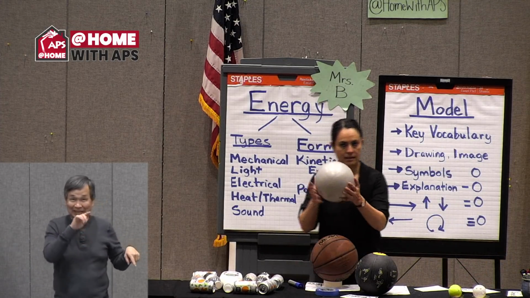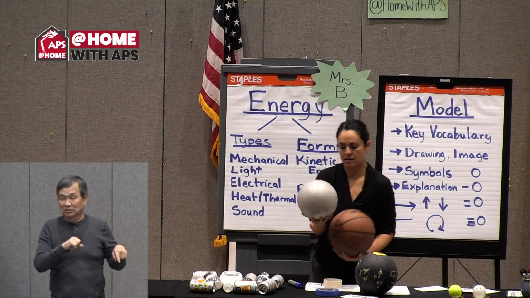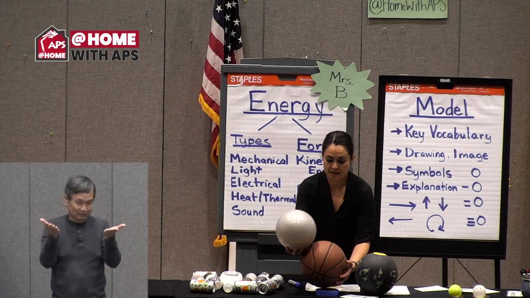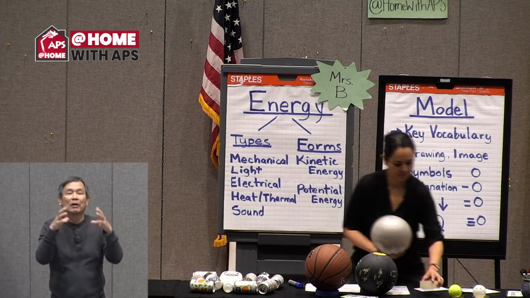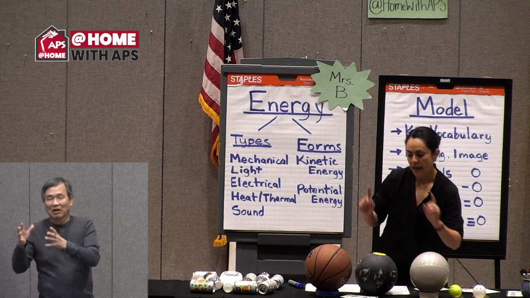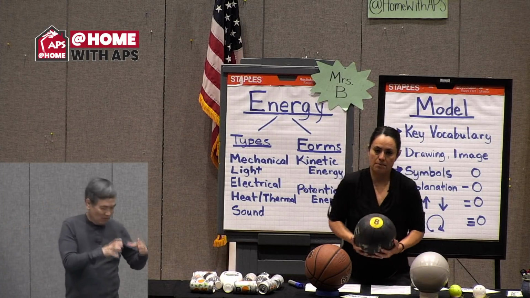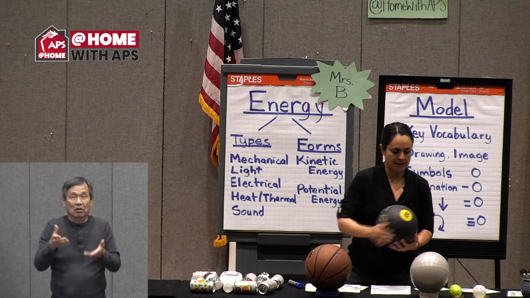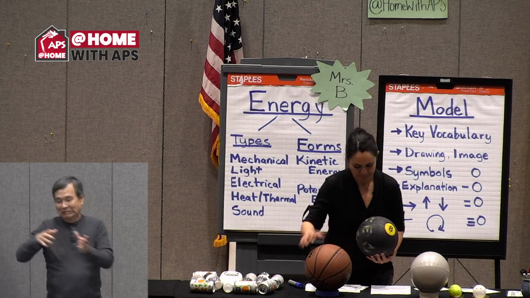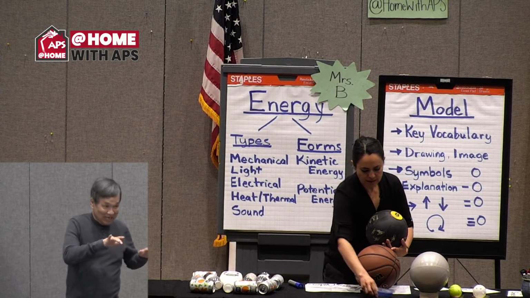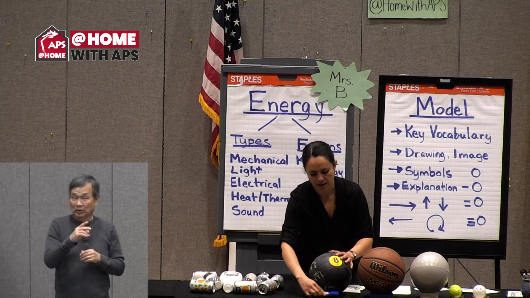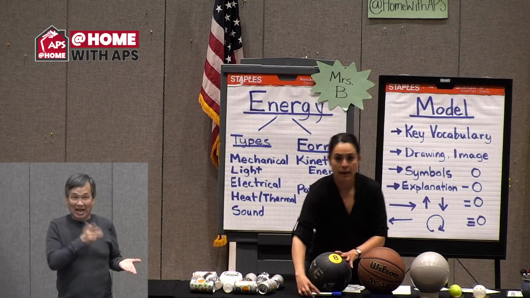Next, this gray exercise ball is definitely lighter than this basketball. And then for sure, this 8-pound exercise ball is definitely the heaviest object I brought today. So here is the order of the objects I brought today, from lightest to heaviest.